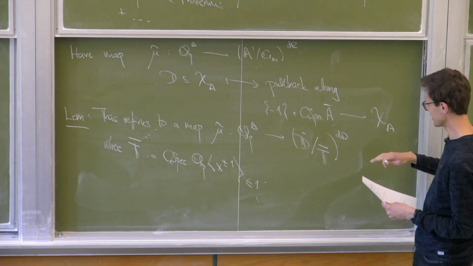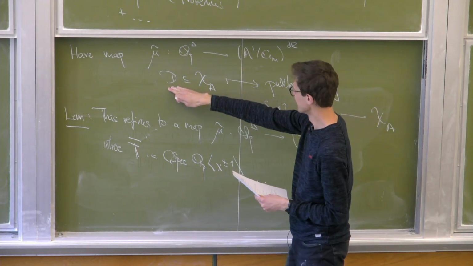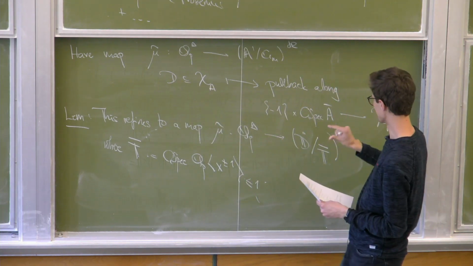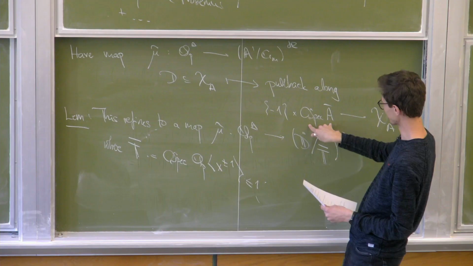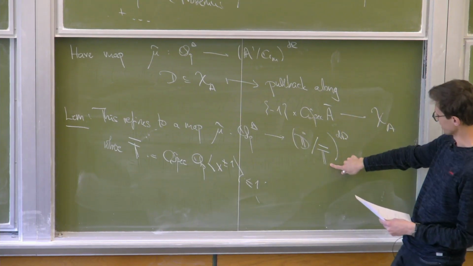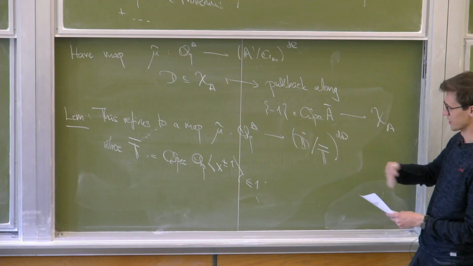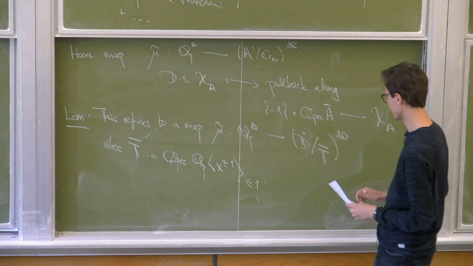So basically this means that whenever I have such a degree 1 divisor, I can remember sort of the norm of the element which cuts out the pullback along this map. So this quotienting out by the overconvergent torus sort of only remembers the norm of the element.